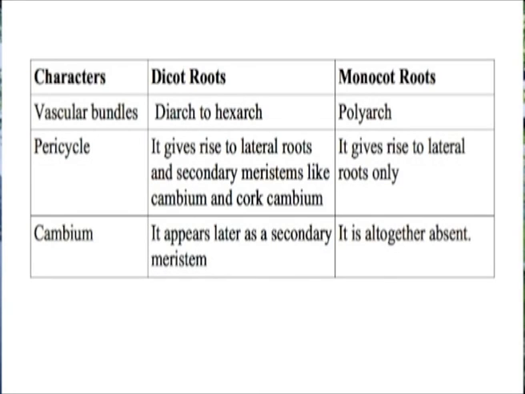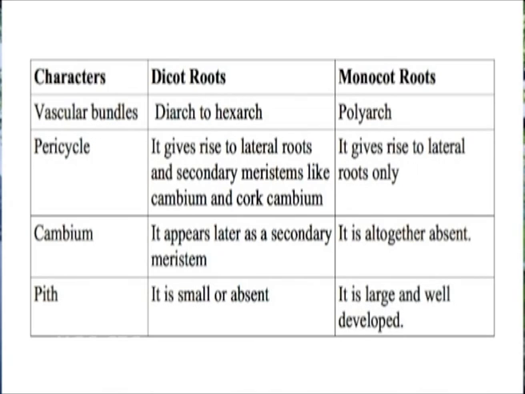Cambium appears later as a secondary meristem in dicot root, whereas it is altogether absent in monocot roots. The pith is either small or absent in dicot roots, whereas it is large and well developed in monocot roots.